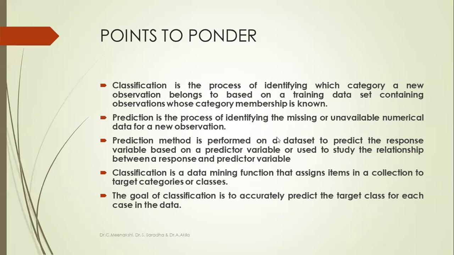Prediction is the process of identifying missing or unavailable numerical data. The prediction method is performed on the data set to predict the response variable based on the predictor variable, and is used to study the relationship between the response variable and the predictor variable.